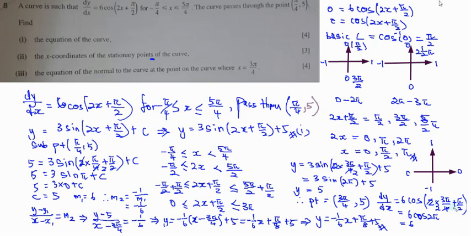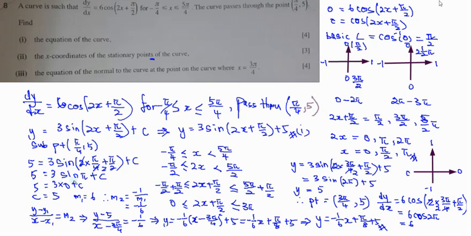And you simplify, you get 6 cosine 2 pi. 6 cosine 2 pi, let's go back to here. Cosine 2 pi is the same as cosine 0, which is 1. So 6 times 1 is equal to 6. So this is m1. This is the gradient of the tangent.